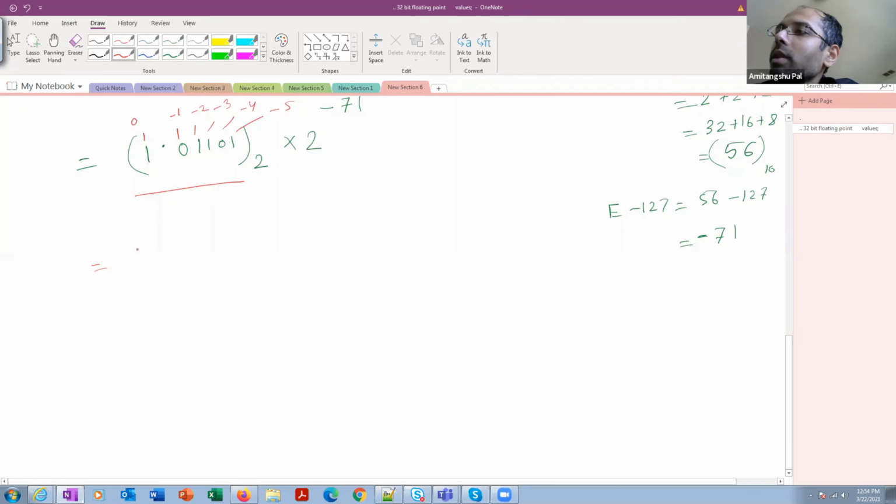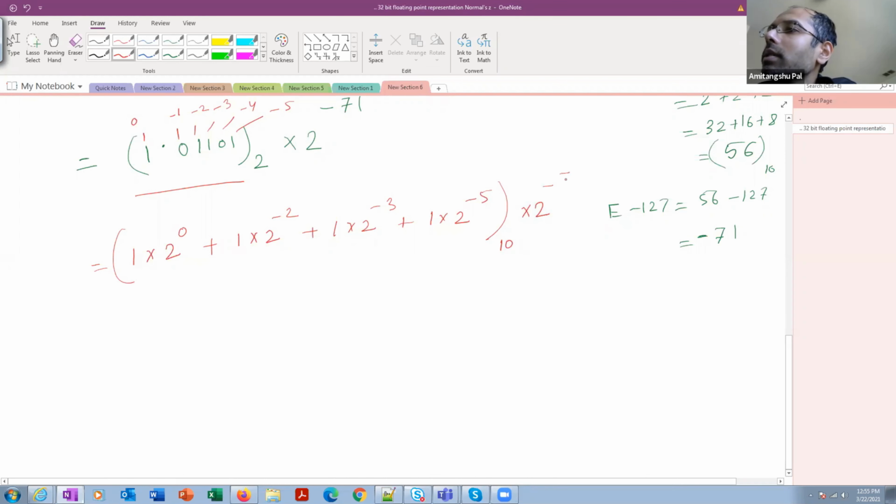That means you are going to write 1 into 2 to the power 0 plus 0 into 2 to the power minus 1, plus 1 into 2 to the power minus 2, plus 1 into 2 to the power minus 3, plus 0 into 2 to the power minus 4, plus 1 into 2 to the power minus 5. Okay, this is in decimal multiplied by 2 to the power minus 71.